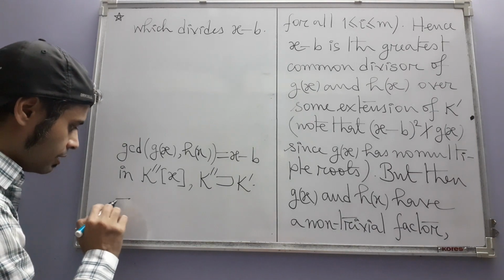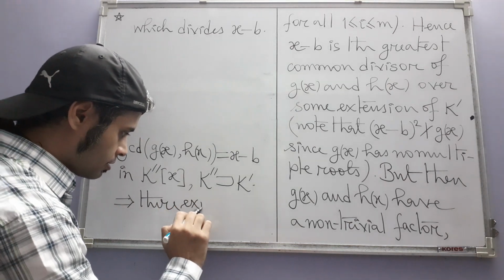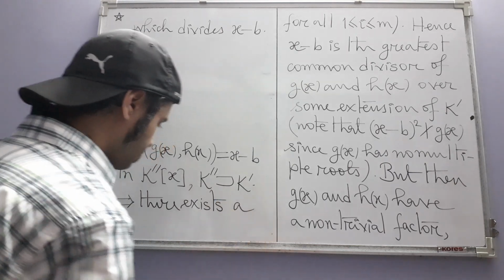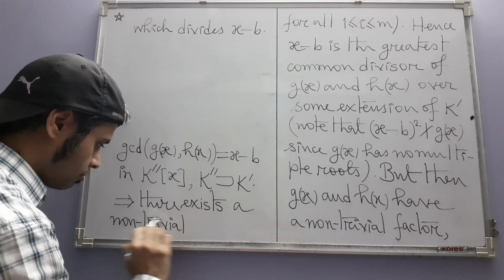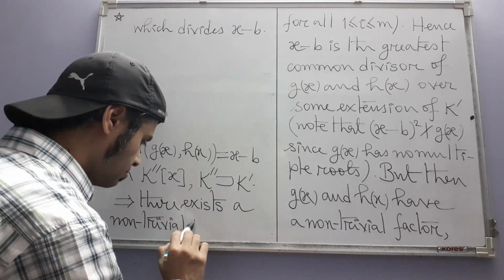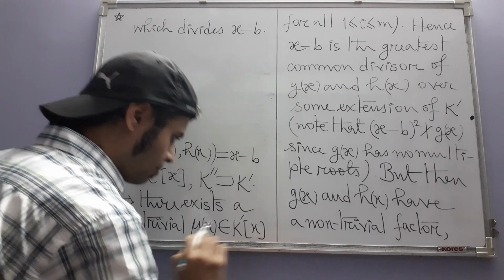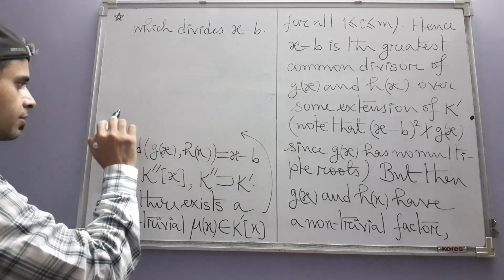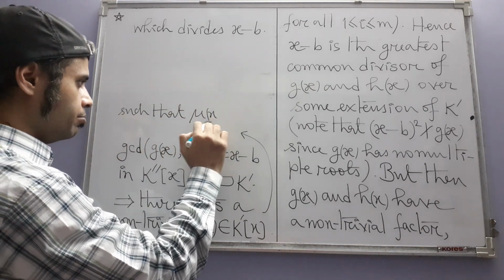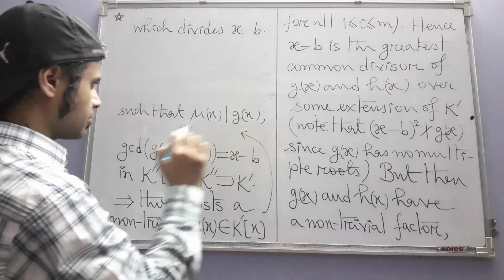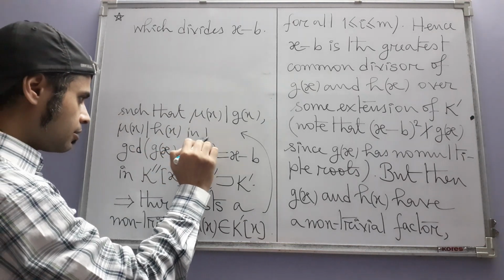And what we are now saying is that this implies that there exists something non-trivial, say mu x in k prime x, such that mu x divides both gx and hx in k prime x.